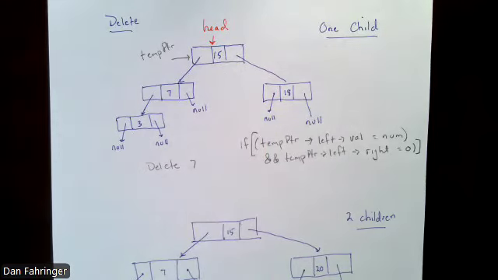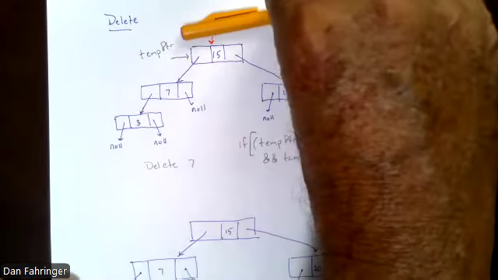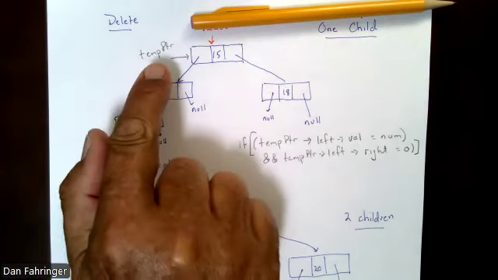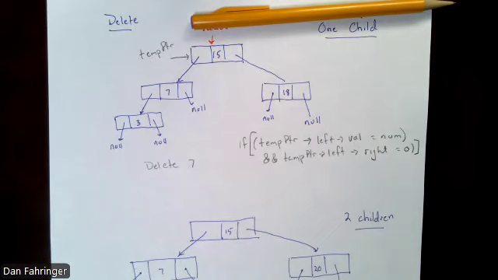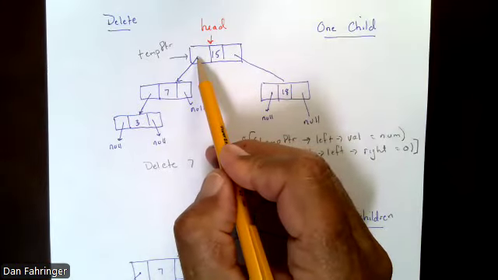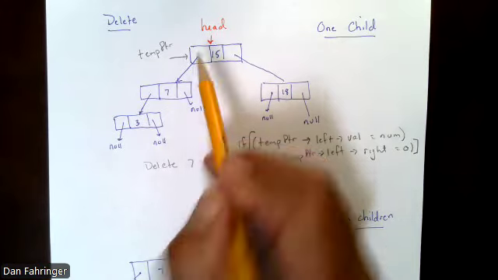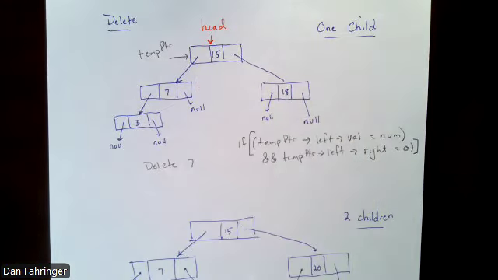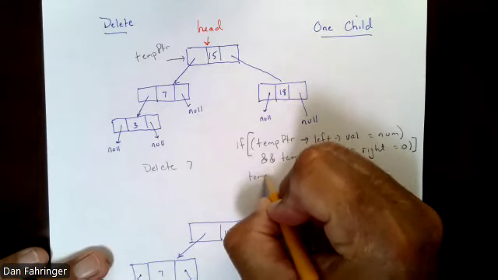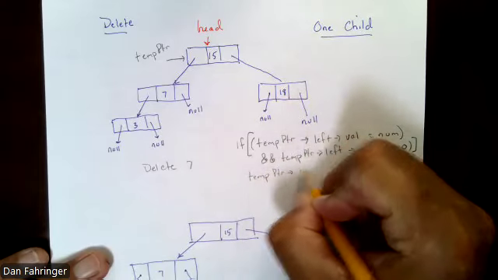What would my next line of code be? Would you make head's left equal to head's left left? Don't worry about, hang on. Let's not worry about that being head. We're worrying about sitting here at temp pointer right now. And what I need to do is have this guy point somewhere. So temp pointer's left then would equal temp pointer's left's left?